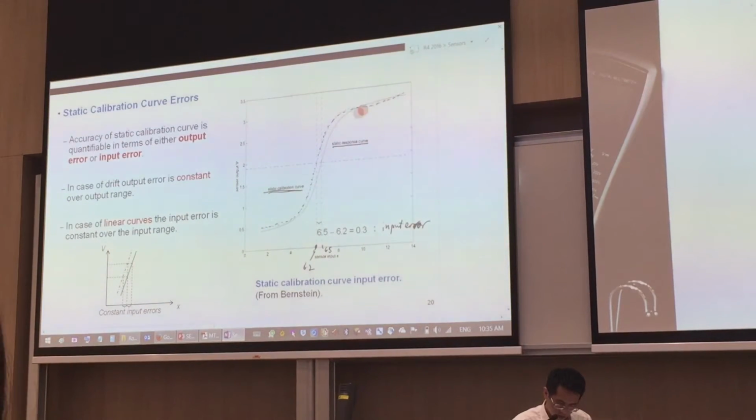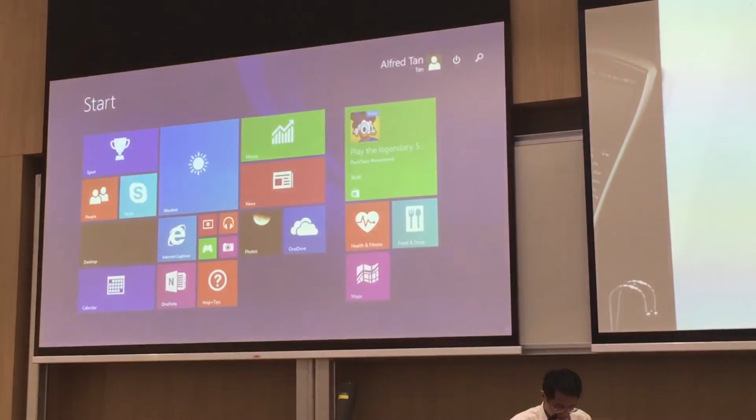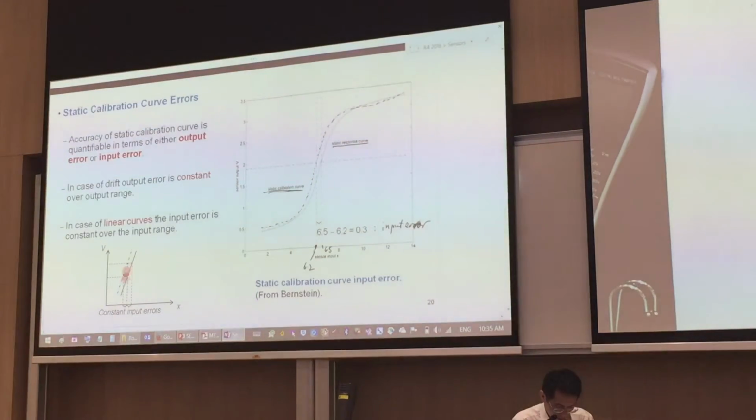What you have over here is actually a non-linear line, and this is something that I included that's a little bit different from classical notes. This part here is to show you what happens if the static response curve is linear. If it is linear, what that means is that your error throughout will all be the same. This amount of error will be all the same.